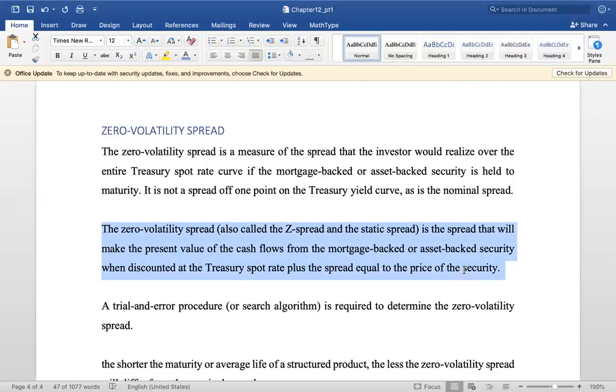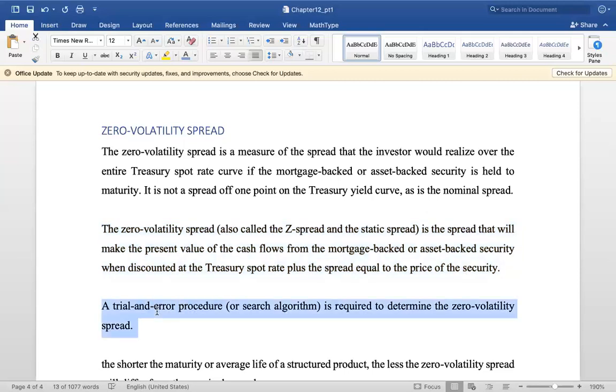It is the spread required to make the present value of the security under study equal to the market price when we discount at the Treasury spot rate. For embedded option bonds, a trial and error procedure is required to determine the zero volatility spread.